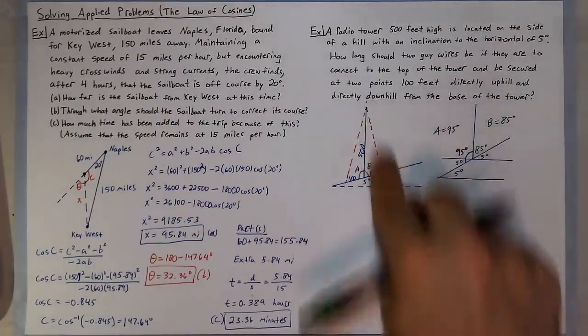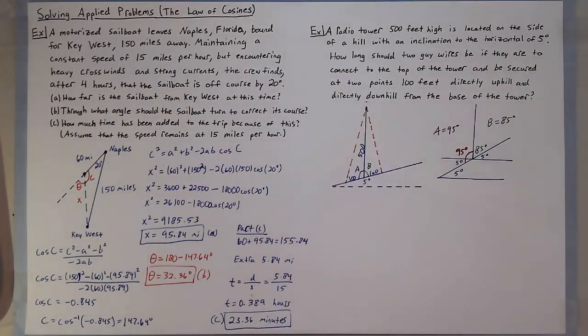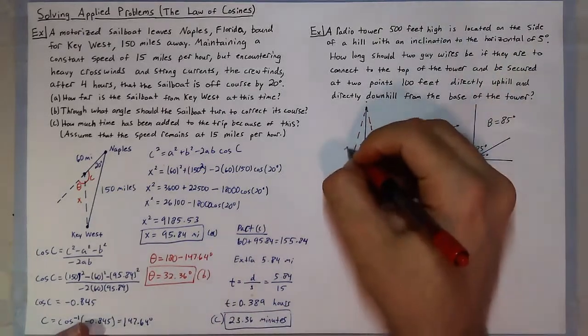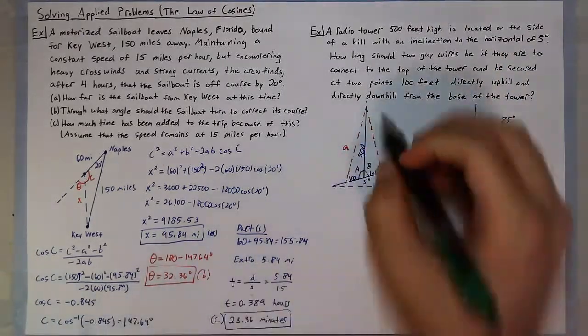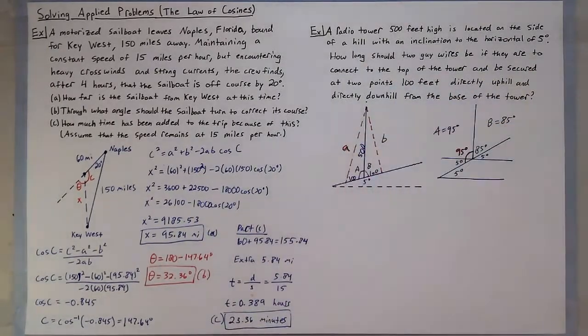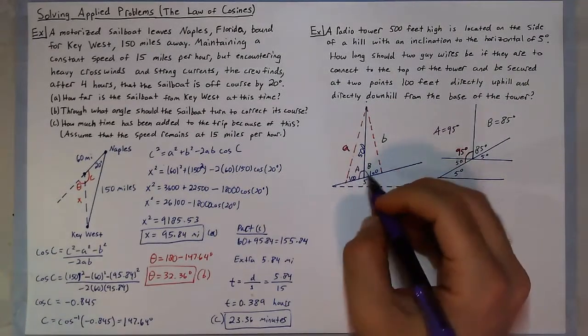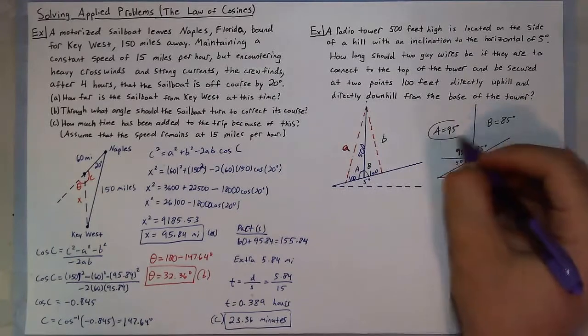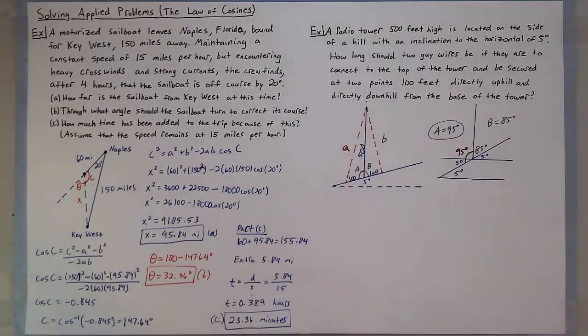Now we're going to find what length these wires need to be to make this happen. Again, this is kind of tricky to try to do some eye work on if you had to do this with a real life working problem. So it's good that we make these calculations beforehand. So again, first we're going to find this length. We'll call it A for the left guy wire and B for the right guy wire. Now that I know what angle A is, I'm going to find what this length needs to be using the law of cosines.